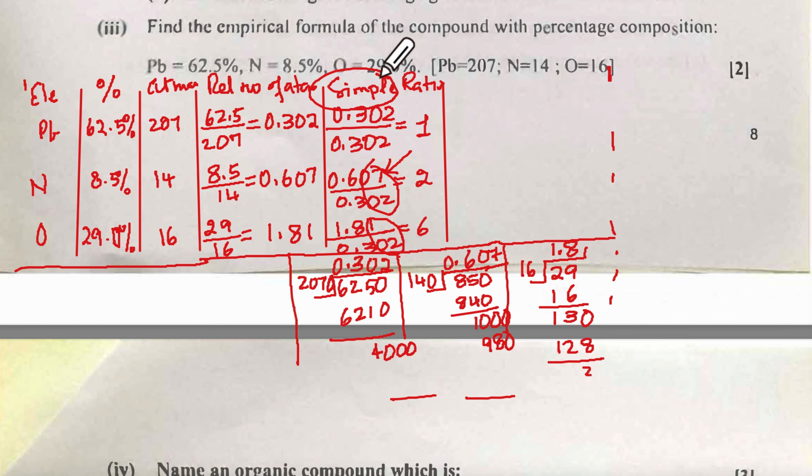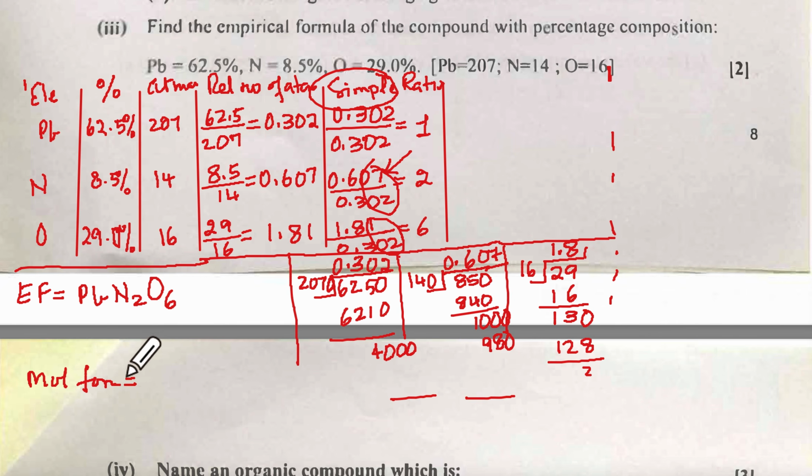Simple whole number ratio. Then what will you say? Empirical formula. Did they ask you to find empirical formula? So it is PbN2O6. This is the empirical formula. If they were to tell you molecular formula, what would you have said?